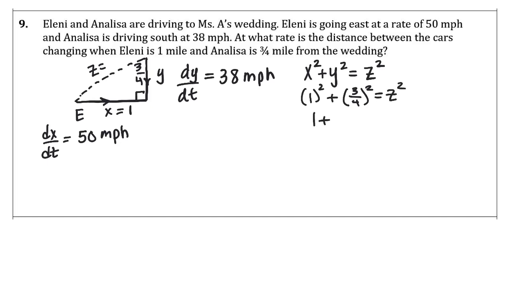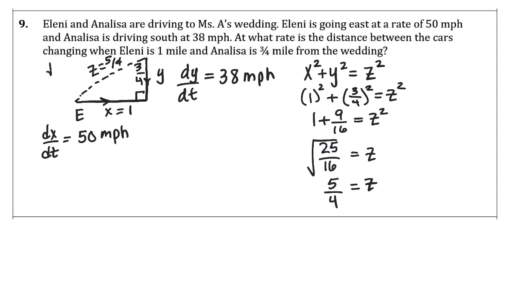So we have 1 plus 9/16 equals z squared, and that's going to be 25 over 16. We need the square root of that, so we're going to have 5 over 4 as that side z. But also keep in mind we are looking for the rate of change of the distance between the cars.